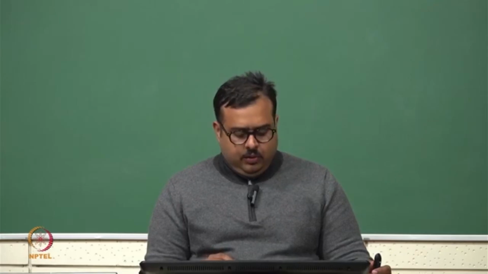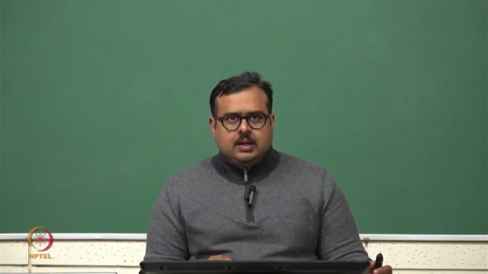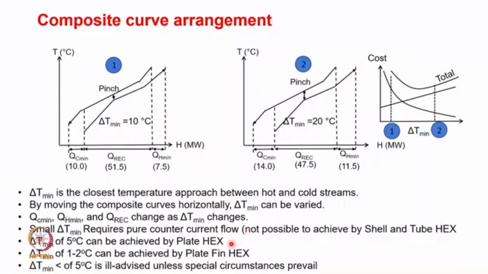So a delta T of 5 degree C is lesser than what is typically recommended here. Of course 10 degree C is what we are showing here. If you want to go lower, we need to go for plate heat exchangers. And if you want to bring the delta T min further down, to like 1 to 2 degree C, this can only be achieved by plate fin heat exchangers.